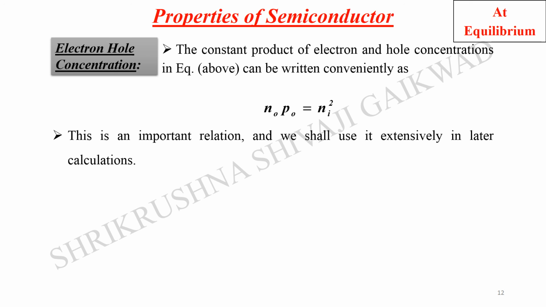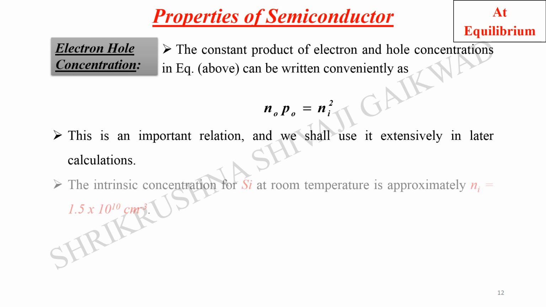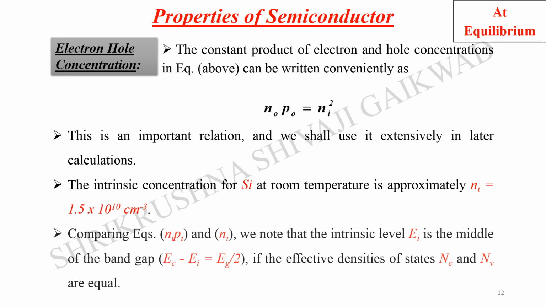This is an important relation, and we shall use it extensively in later calculations. For silicon at room temperature, ni is approximately 1.5 × 10^10 per cc. This is one example for silicon.